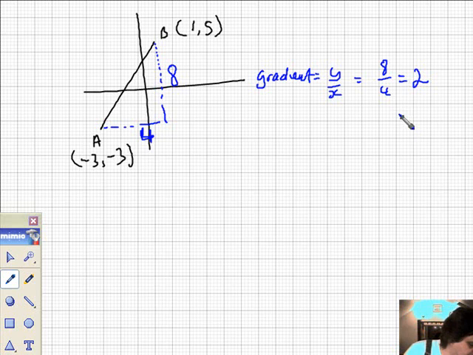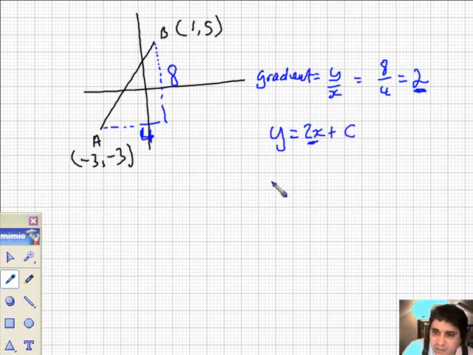Intercept, we need to work it out. Oh, it doesn't say work out intercept. Well, I want to do it anyway. So what's the intercept? Well, I know I'm going to have an equation that starts y equals 2x plus something. See, look, gradient 2, gradient 2. I'm going to substitute the value 1, 5 into the x and the y as appropriate and work out the intercept.